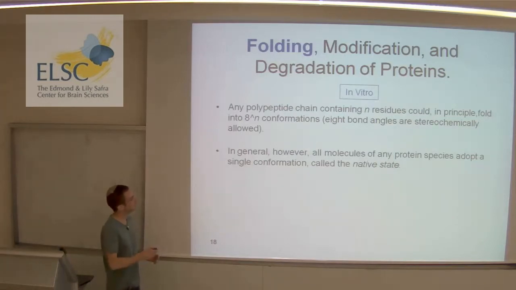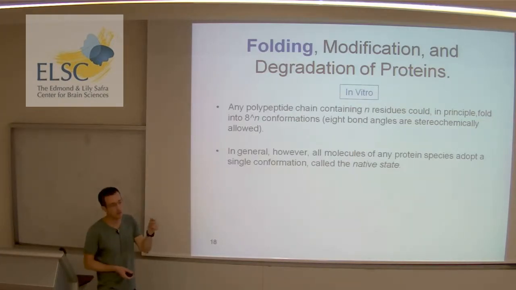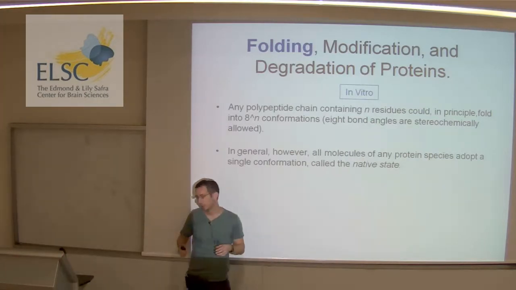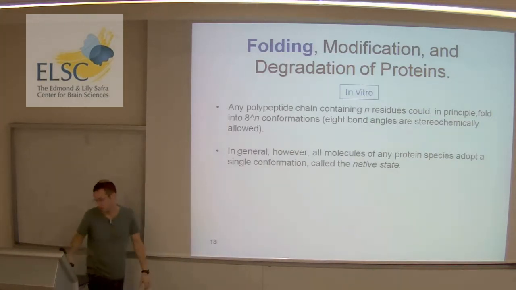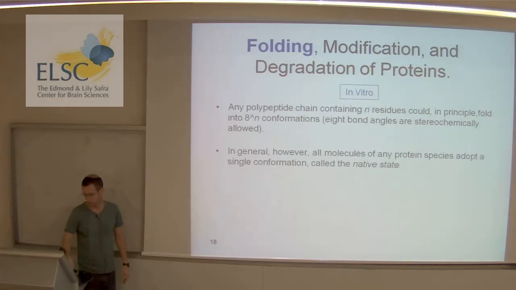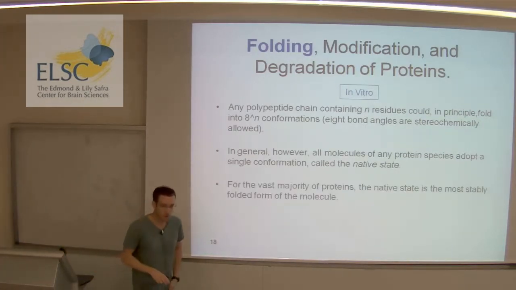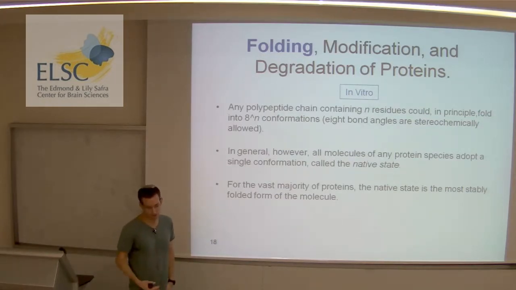And in general, empirically, a given polypeptide with a certain sequence of amino acids will usually be found in a single conformation in nature. This state we call the native state, because it is the state found in nature, the natural state. And for the vast majority of proteins, the native state is the thermodynamically most stable state.